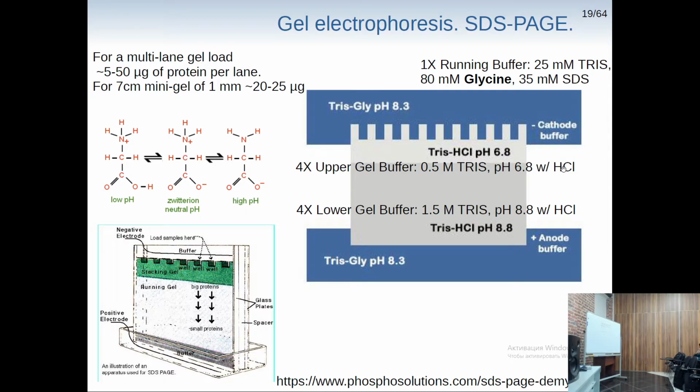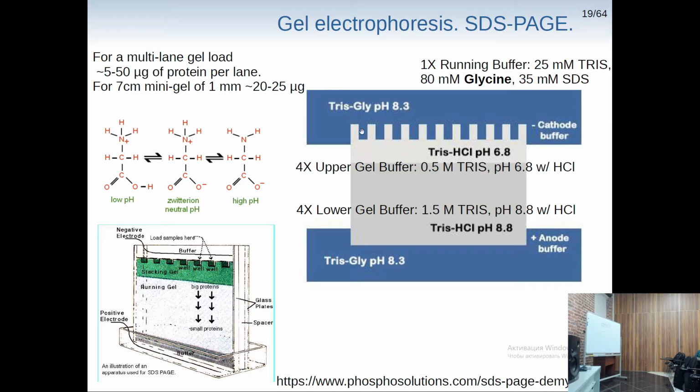If you have no charge carriers and apply some voltage, no current will flow and nothing will happen. And here we have different charge carriers. This glycine is quite interesting because, like all other free amino acids, it can exist in different forms: positively charged, negatively charged, and the zwitterionic form, where it is almost neutral.